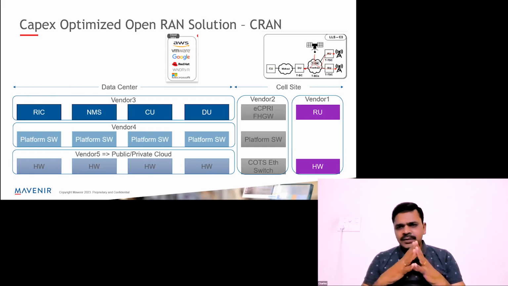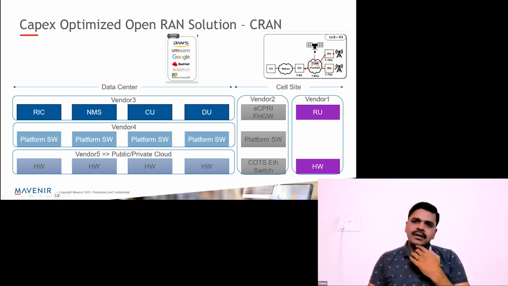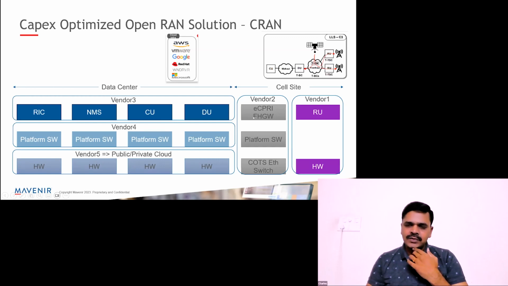And this kind of network and architecture is very much possible and feasible when you have a very good fiber network from your centralized data centers to the cell sites. The main reason for that is that the front-haul is heavyweight in terms of the data and the throughput requirements.